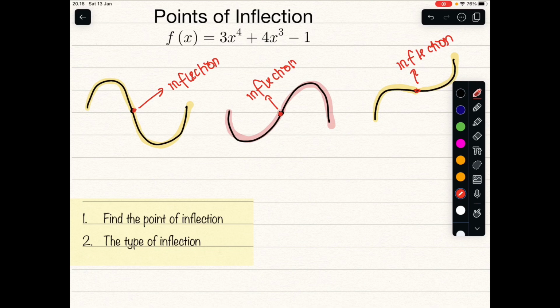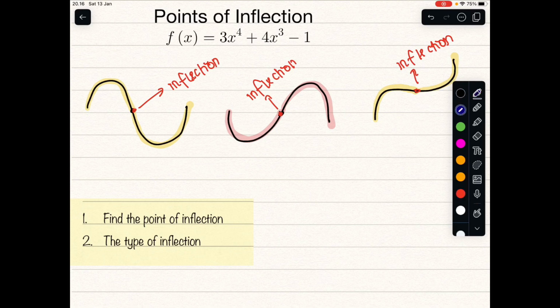Now we already know the inflection point. Now we're going to put symbols on concave up and concave down, because it's important to know when it is concave down. Apart from looking at the curve, where we can obviously see when it's concave up or concave down, we also need to know it not just by looking at the curve.